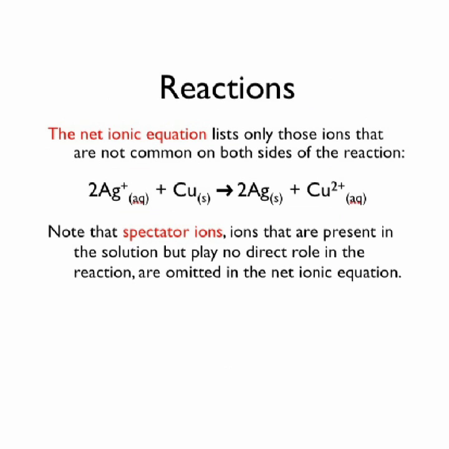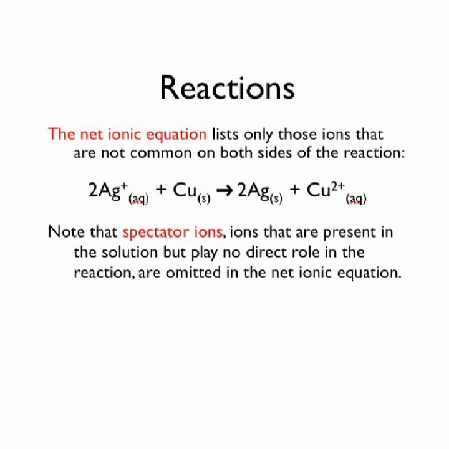So, for example, we remove our nitrate ions, and we're left with what is actually changing in this reaction. Aqueous silver ions react with solid copper to form solid silver and aqueous copper ions. Net ionic equations allow us to focus on the essence of a chemical reaction in aqueous solutions.